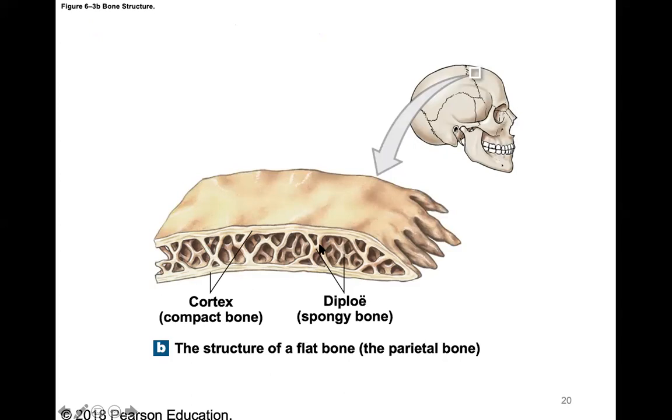Now, in class, I would often ask my students, what do you think is stronger, compact bone or the spongy bone? And the answer is actually the spongy bone, because of the honeycomb structure. That provides a lot more support from impact than, say, compact bone, which can crack very easily.